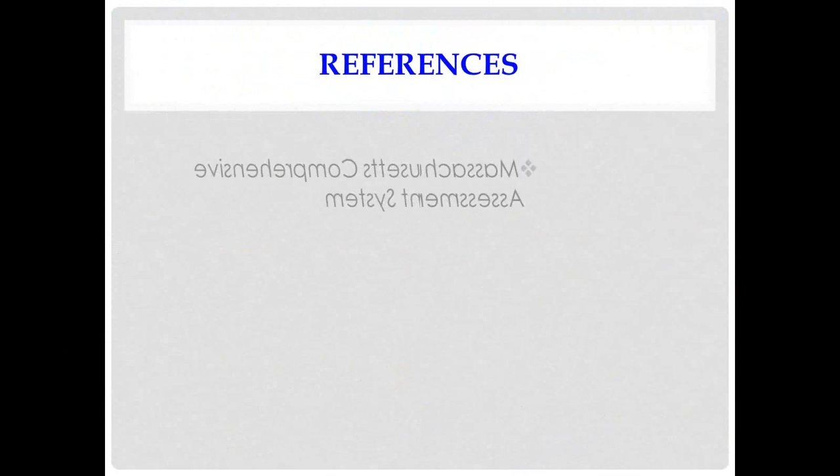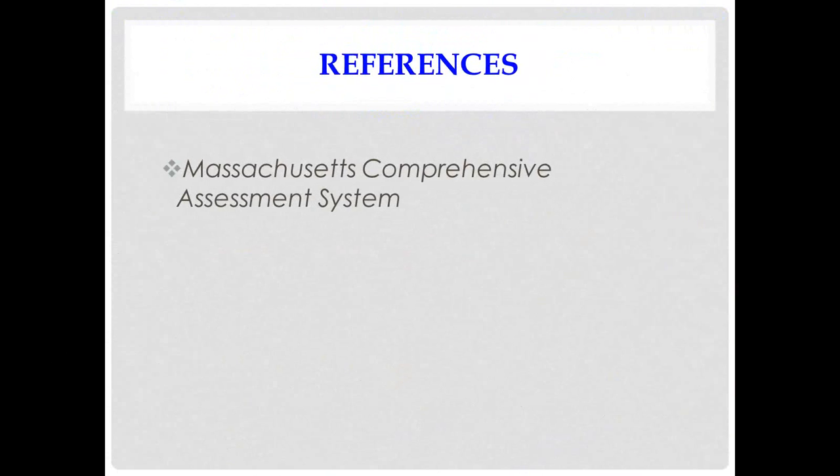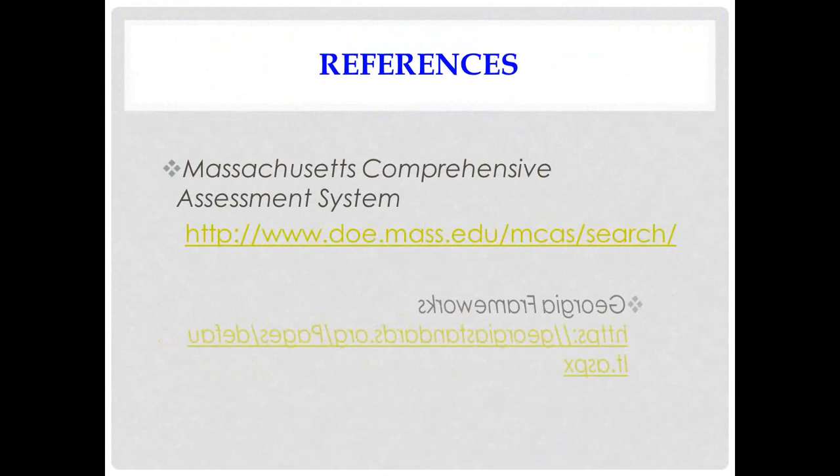I thank you again for joining me for this webinar. The assessment items that I have highlighted for this month were from the Massachusetts Comprehensive Assessment System. The website is provided here to you. Spend the next month getting to know this resource in addition to what I presented last month.